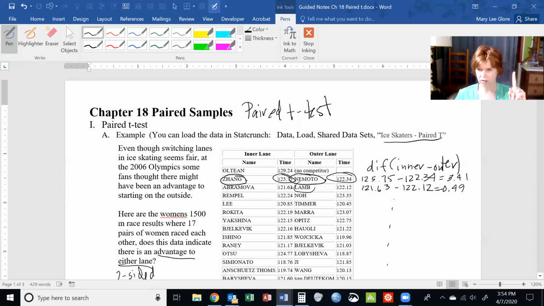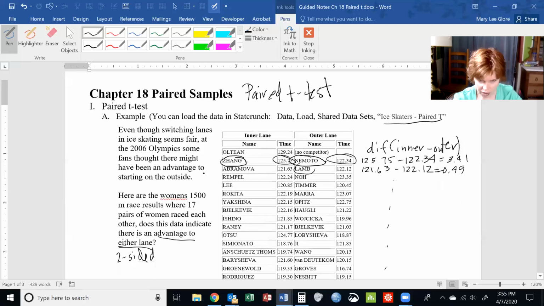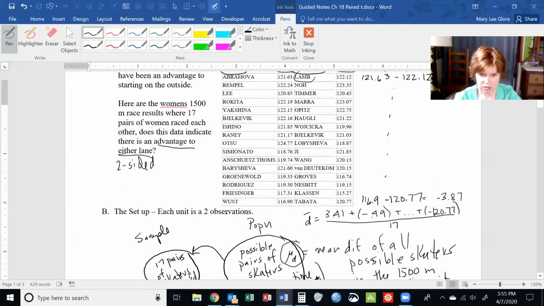So my unit is I think they call it a heat. All right. So first heat that has 2 racers in it, I got 2 times. Second heat, so I have 17 pairs of times. All right. So this is definitely paired.